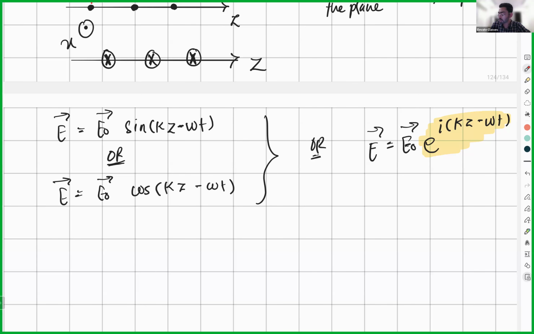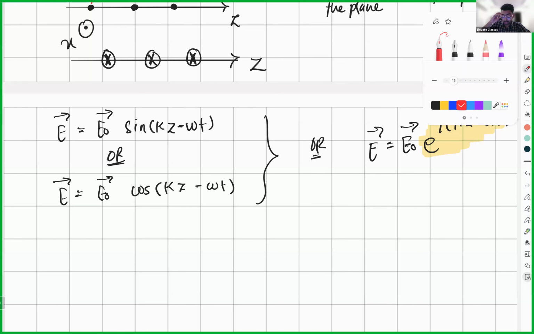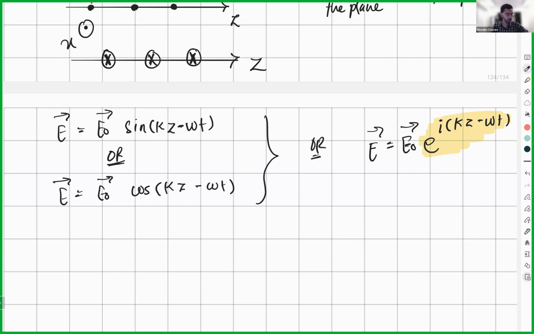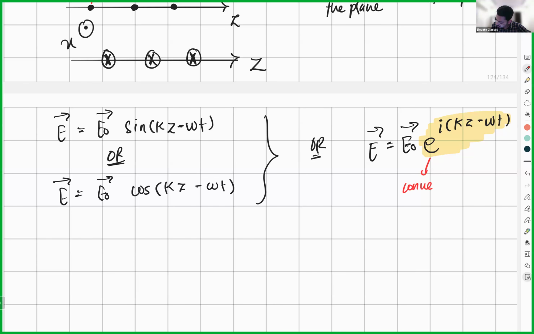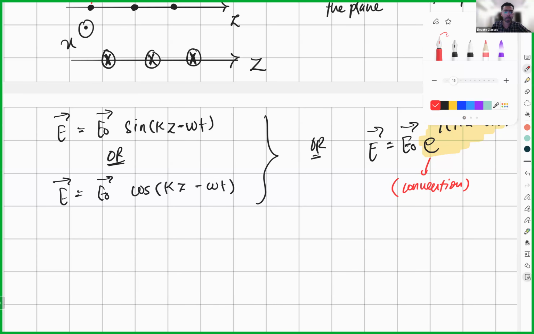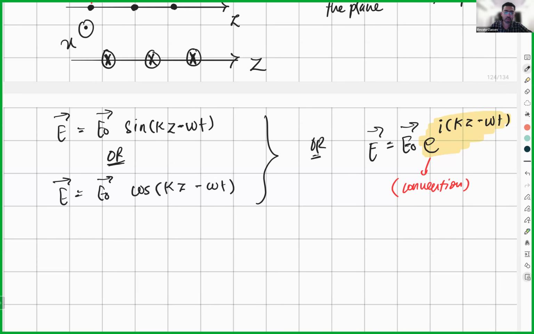It is easy to differentiate an exponential term rather than sine or cosine. So this is just a convention. It doesn't mean that your electric field is a complex number. It is not a complex number, at least in classical electrodynamics.